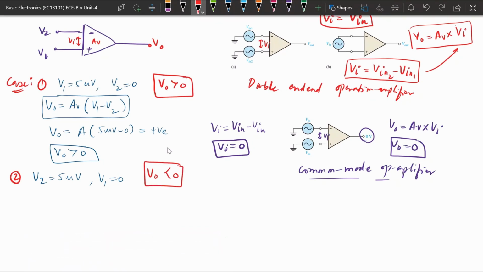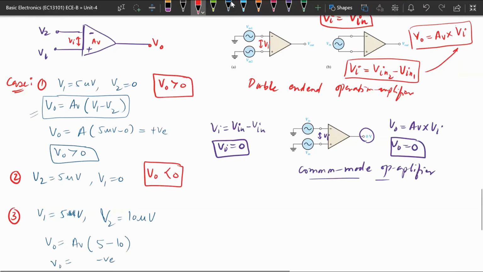Similarly, in the third case, the output expression we know is AV multiplied by V1 minus V2. It will be 5 minus 10, so it will be negative. Overall the V output will be a negative voltage, which means V output should be less than 0.